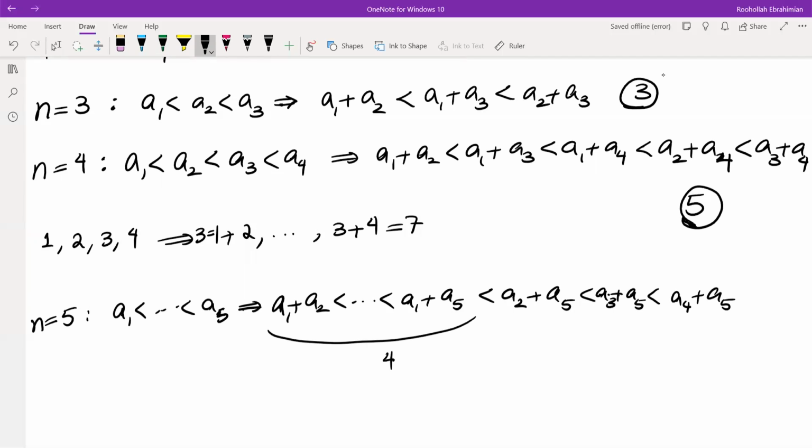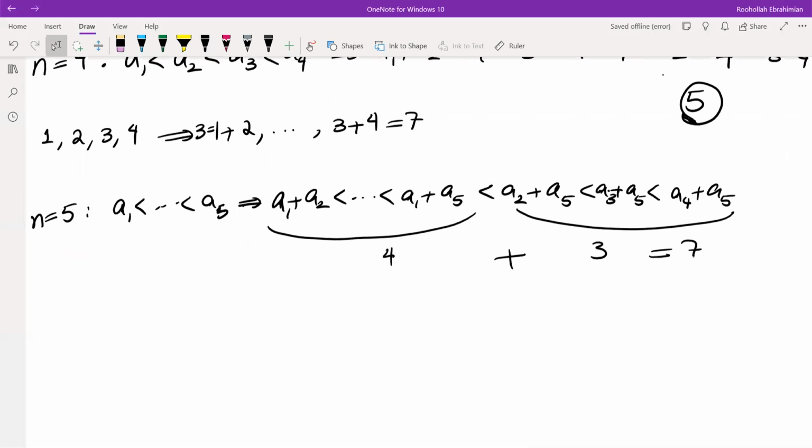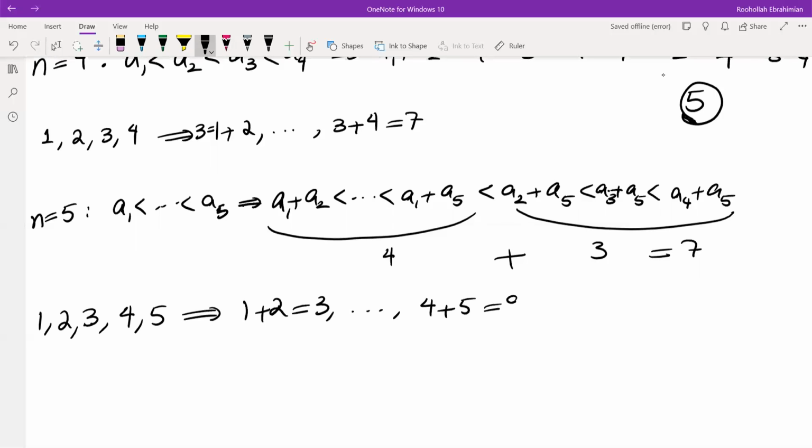So that is 5 elements, and that's 3 elements, so the total is 7. And I should be able to get 7 by taking 1, 2, 3, 4, 5. The smallest number is 3, and the largest number is 5 plus 4, which is 9, and that's exactly 7 numbers.